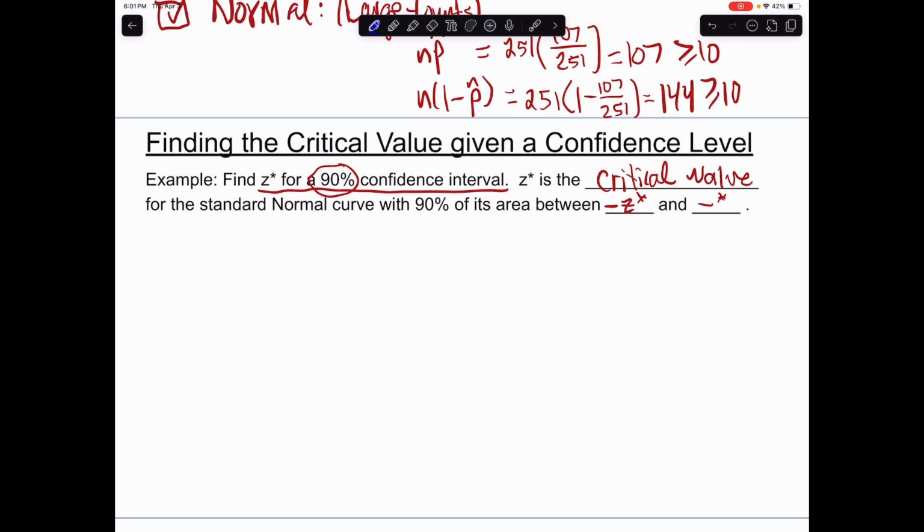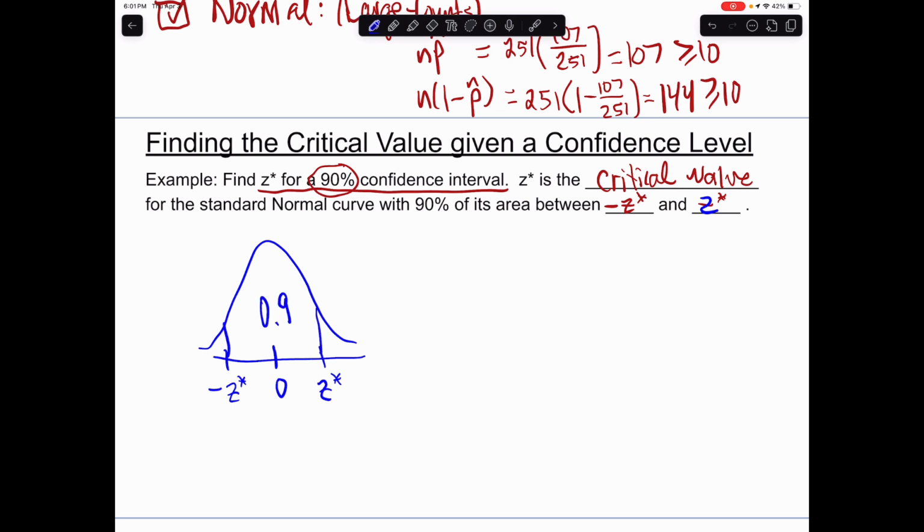So let's say, for example, you have a 90% confidence interval and you have to find Z star. How do you do it? Well, it should be a Z. You set up a normal curve centered at 0, and you go out a certain amount. We don't know how many standard deviations to go out, but we know we want to capture that 90%.